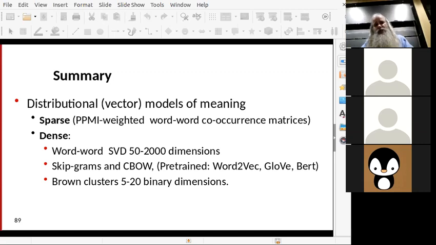Then we talked about three ways of doing it in a dense form, like taking our word co-occurrence or PPMI representations and projecting them into a lower dimension so that we can also do distance metrics there. Therefore it's more efficient to use, and may even capture dimensions which we cannot get simply from the sparse forms.